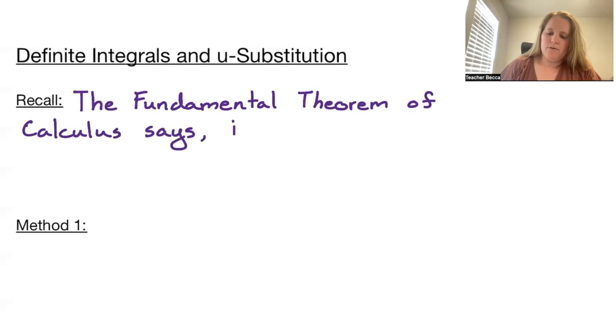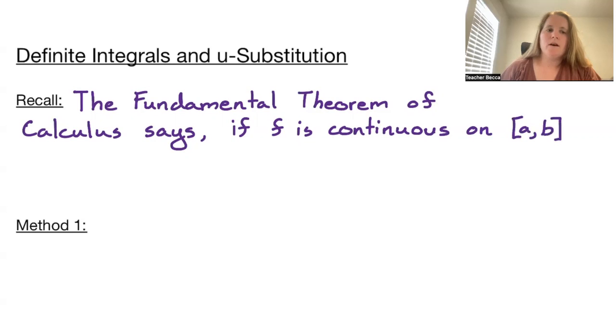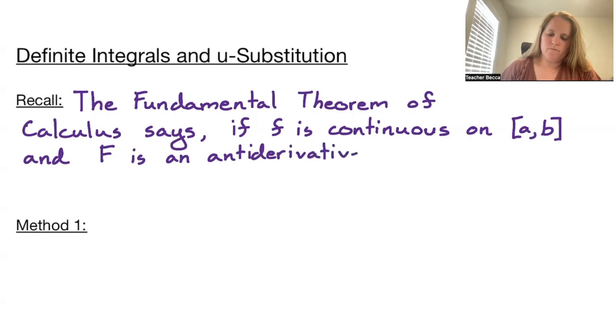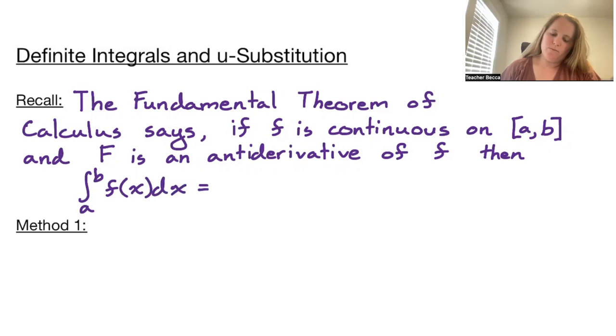It says if lowercase f is continuous on the closed interval [a, b], and if capital F is an antiderivative of lowercase f, then the definite integral from a to b of lowercase f of x dx is equal to capital F of b minus capital F of a.